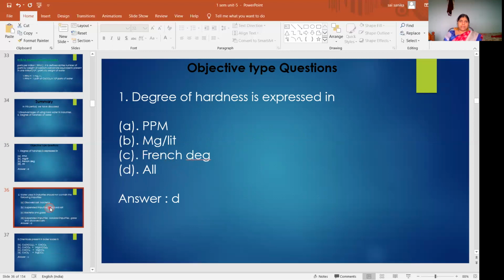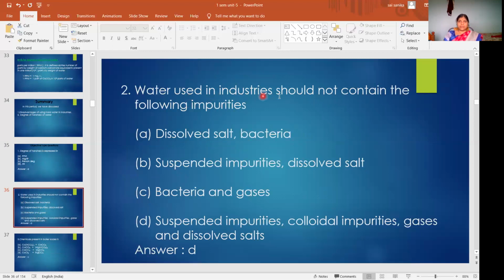Next, the second question. Water used in industries should not contain the following impurities. Whatever water we are using in industry, which impurities should it not contain? The options are dissolved salt, bacteria, suspended impurities, colloidal impurities, gases and dissolved salts.